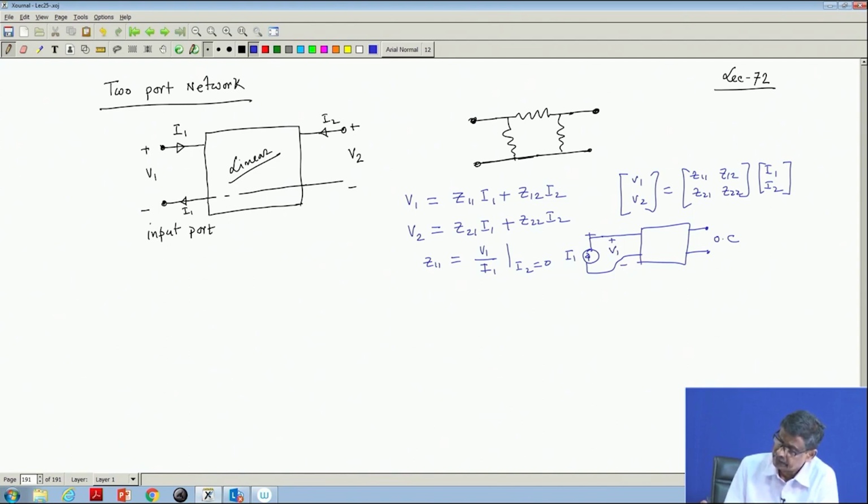So, excite it with a current source I1, measure V1 and take the ratio V1 by I1, which gives you Z11. The dimension of this quantity is ohm, and this impedance is called the driving point impedance.